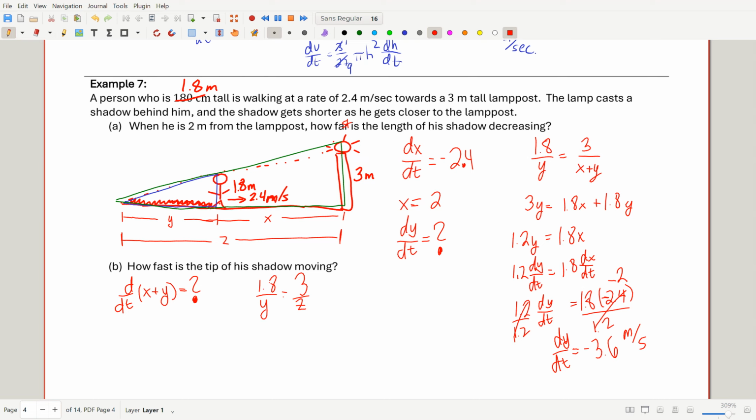Which gives us 1.8z equals 3y. Which, again, when you're working with these are the easiest things in the world to differentiate. We'll just do 1.8 dz dt equals 3 dy dt.